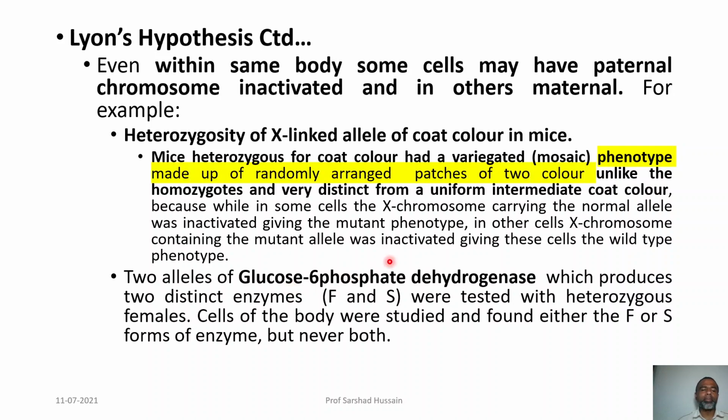It codes two types of the enzyme, F and S. So, when heterozygous individuals, females, were tested, in which one X chromosome was coding for the F type of glucose 6-phosphate dehydrogenase and the other was coding for the S type, and the cells of the body were screened, it was found that some cells have the F type of glucose 6-phosphate dehydrogenase and others have the S type, because the inactivation of the X chromosome is merely by chance; either the maternal or the paternal can go inactive.